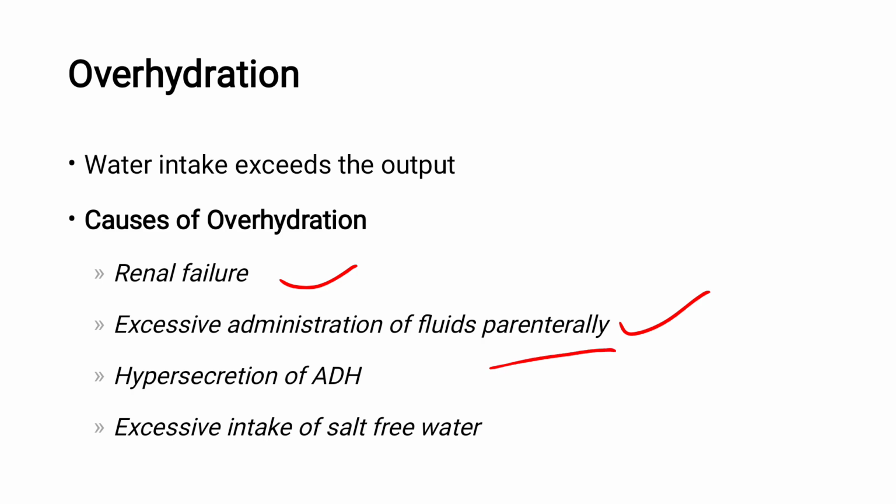If you are giving more fluids, it may lead to overhydration. Hypersecretion of ADH: you know, ADH or vasopressin is produced by the posterior pituitary, and in case of any tumors of the posterior pituitary, there may be hypersecretion of ADH, which leads to excessive retention of water inside the body. Excessive intake of salt-free water is also responsible for overhydration.